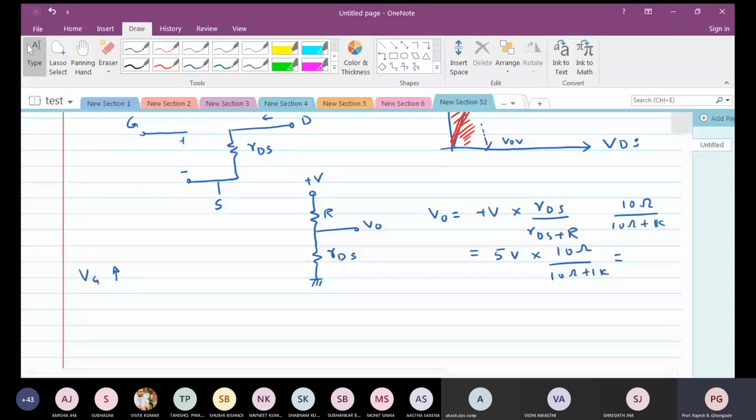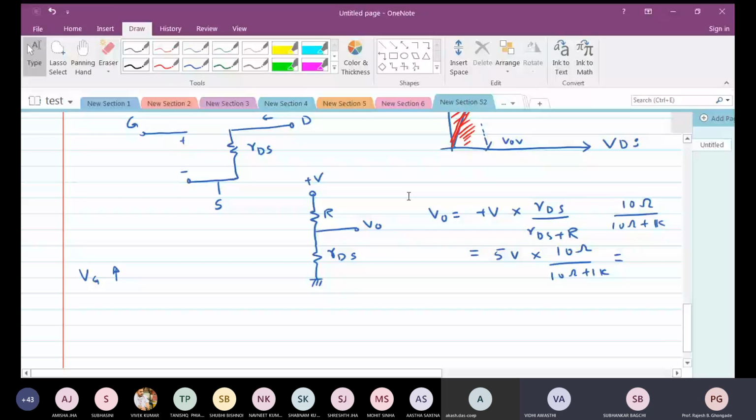Please calculate this value. So 0.0495 volts.